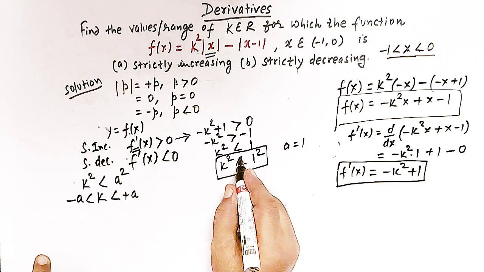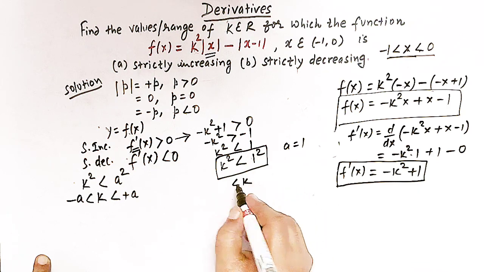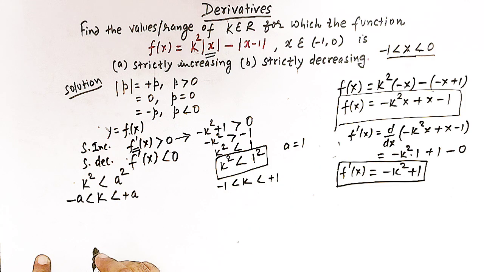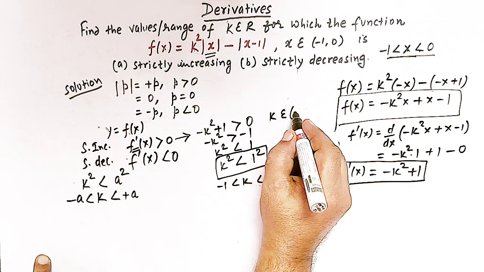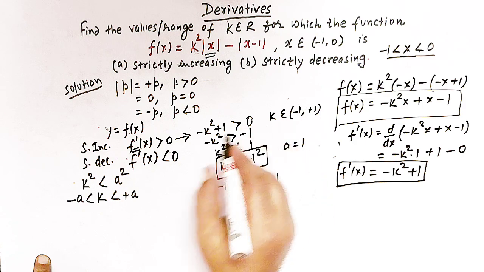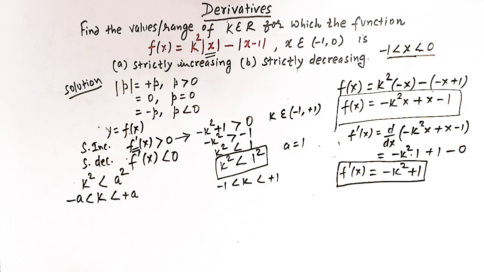So k square less than 1 gives us k lying between minus 1 and plus 1, right? So when k belongs to this interval, that is minus 1 to positive 1, then the function f of x is strictly increasing.